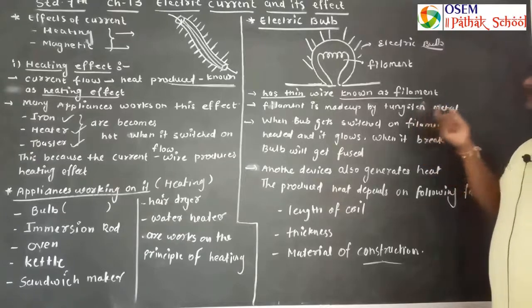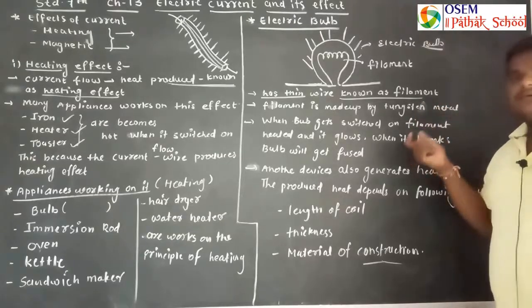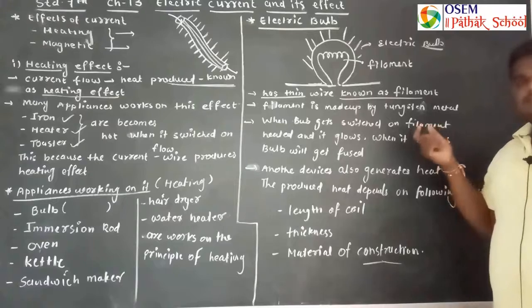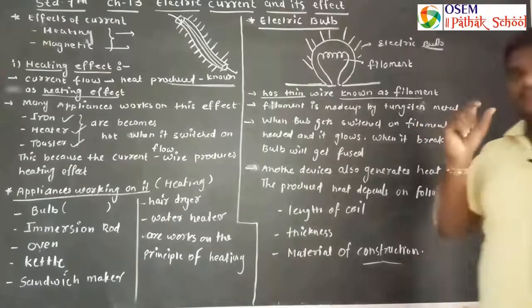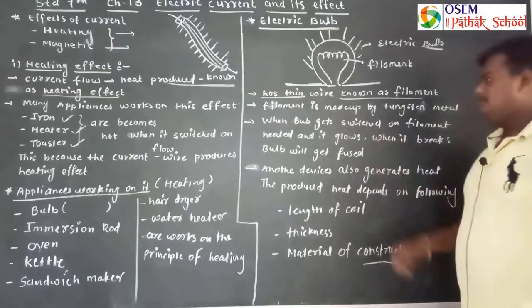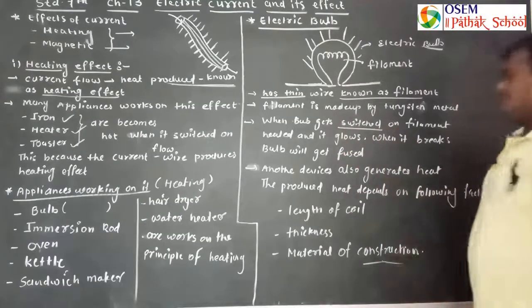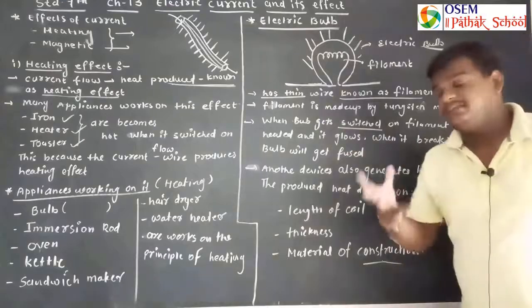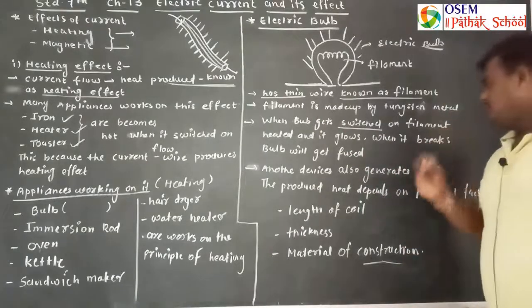The filament is made up of tungsten metal. It is one type of material. When the bulb is switched on, the filament is heated and it glows.